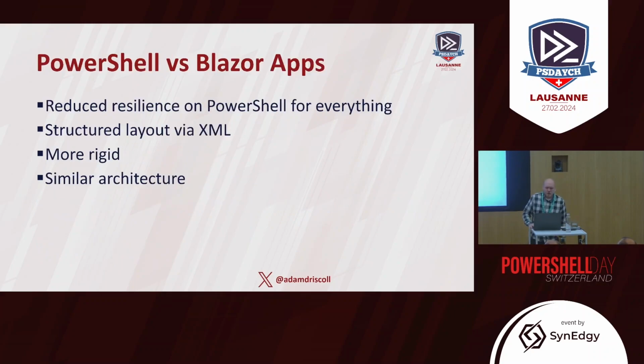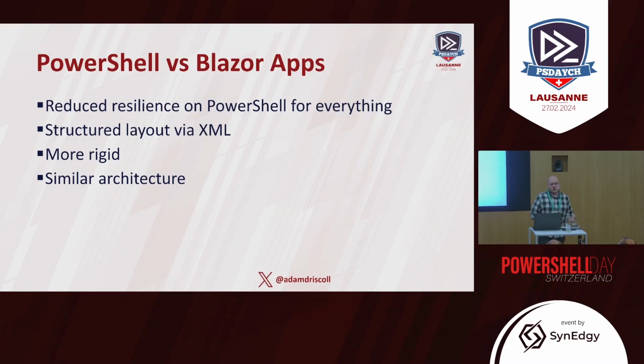So a little note about PowerShell versus Blazor apps inside PowerShell Universal. Blazor apps or PSBlazor apps reduce the reliance on PowerShell for everything. Right now, when you load a page inside a PowerShell app inside PowerShell Universal, it's got to execute at least one PowerShell script to render that page. And depending on what you're calling, if you're using dynamics and that kind of thing, all of a sudden you could be running dozens of PowerShell scripts just to render that page.